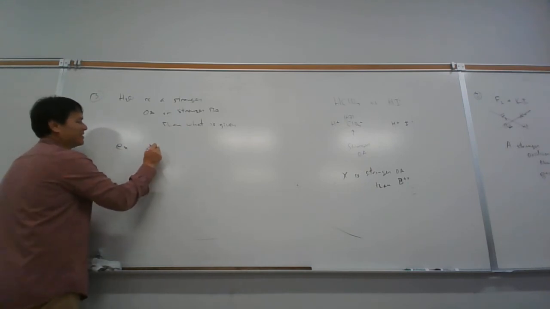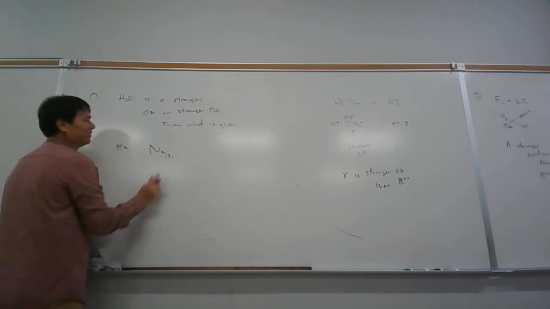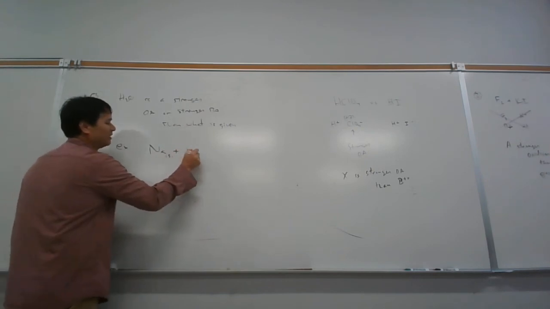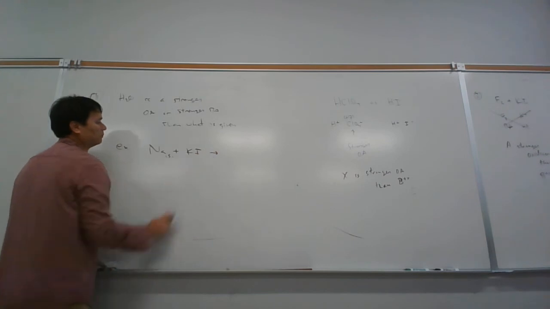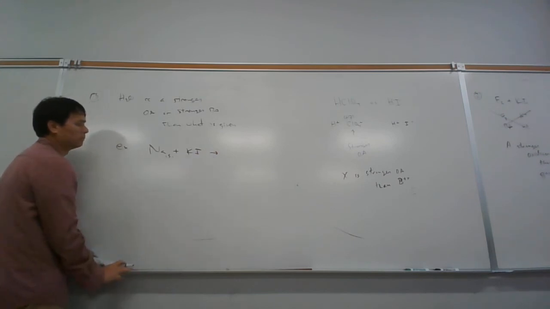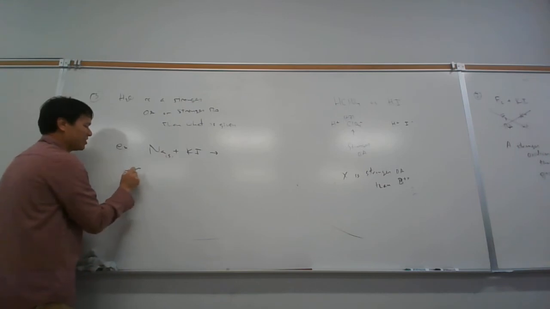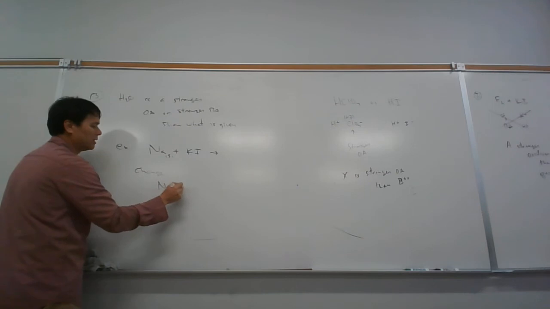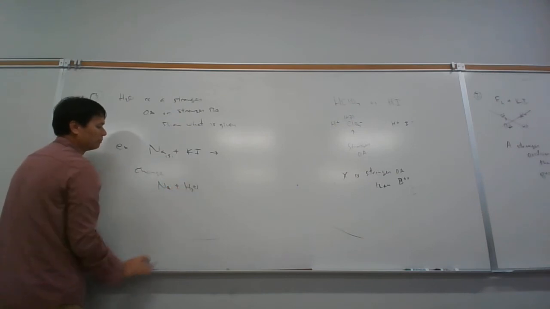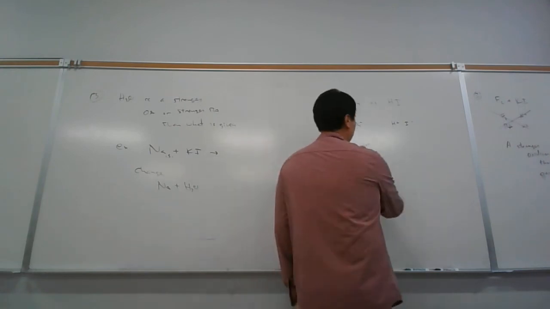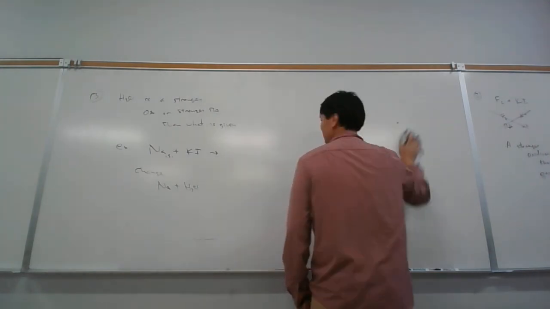Example is what we just did, sodium, or what did we do, potassium? Sodium plus potassium iodide. To avoid this problem, what we do is we change this to sodium plus H2O. If I would have done sodium plus H2O, then you would have done it like this.